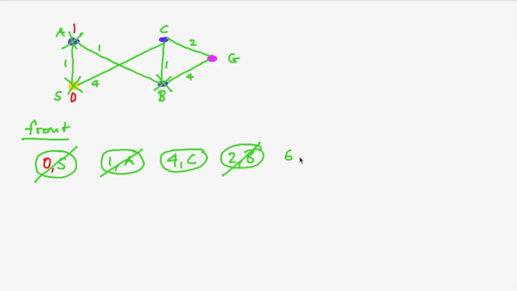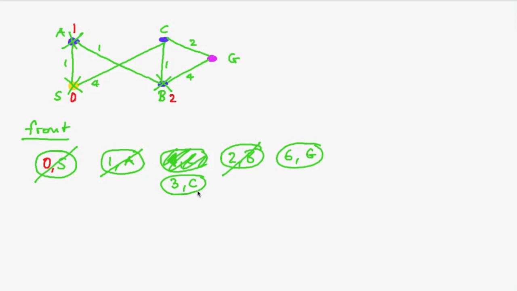So for a total cost of 6, we can visit G. The third neighbor of B is C, and C can be reached via this edge with a cost of 1. So B is a cost of 2. By the way, I should mark this here. The edge has a cost of 1, so I can reach C with a cost of 3. But C is already in the front, so what happens is that this entry in the front gets updated. And so we can reach C now with a cost of 3.